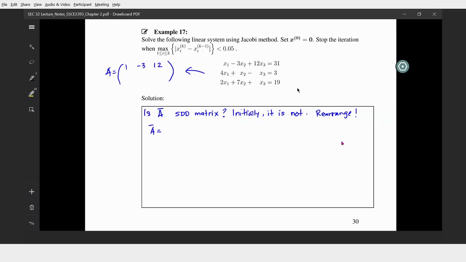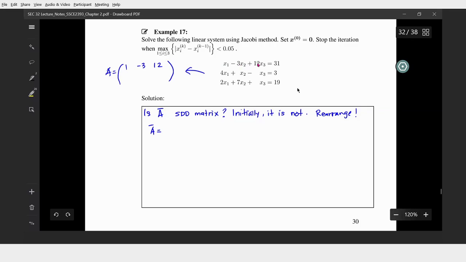Basically, in each equation that you have, you look for the greatest value. For example, in equation 1 here, the largest would be 12. 12 is greater than the summation of -3 and 1, in terms of absolute value, which is 3 plus 1.